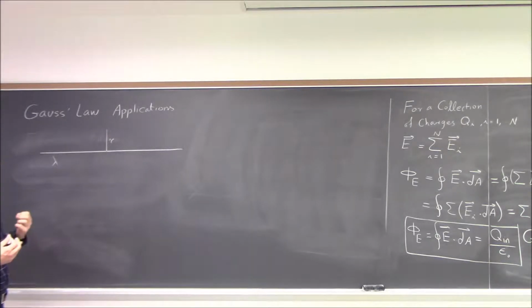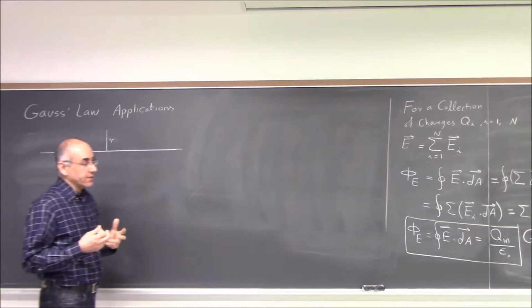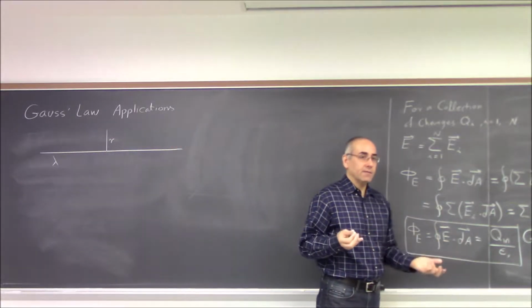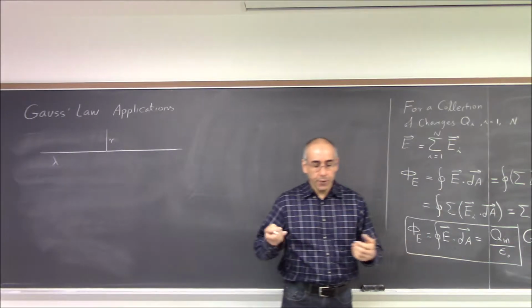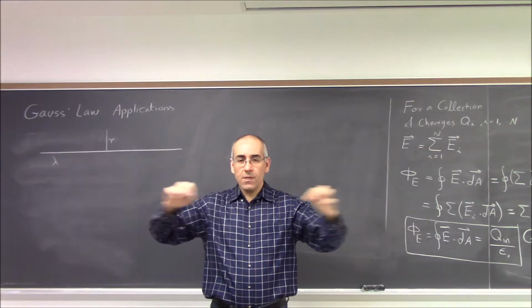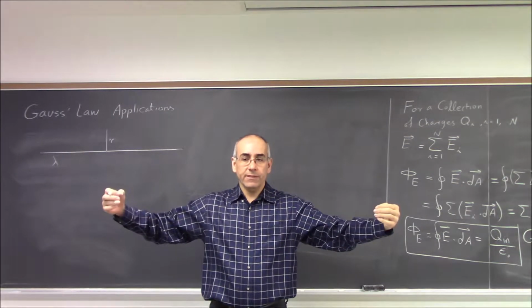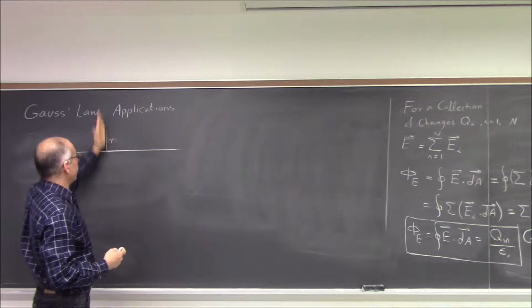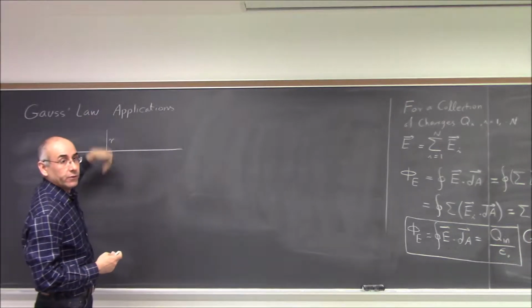All right, in this case, we need a symmetrical Gaussian surface so that we know what happens to E dot dA at any part of the surface. For example, if you have this line, because of symmetry, you know that the electric field is always either away from this line or toward the line.